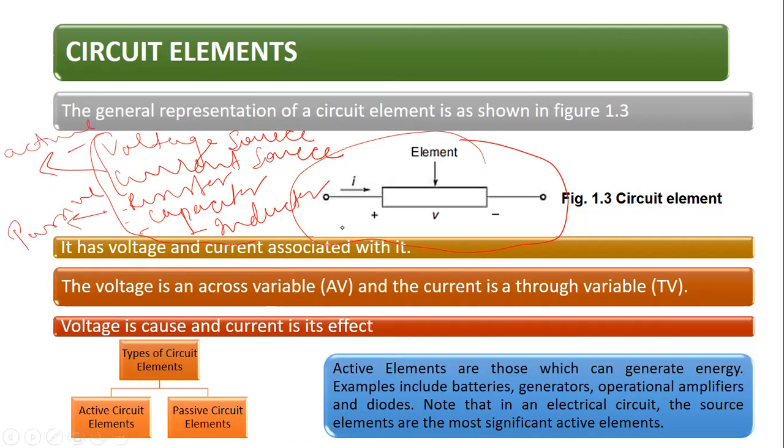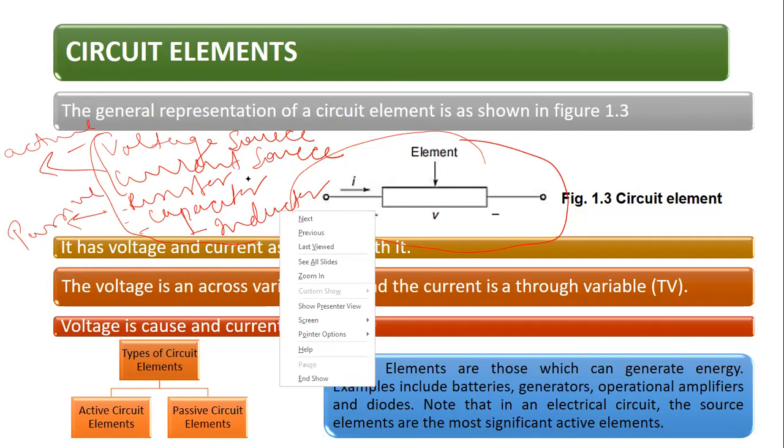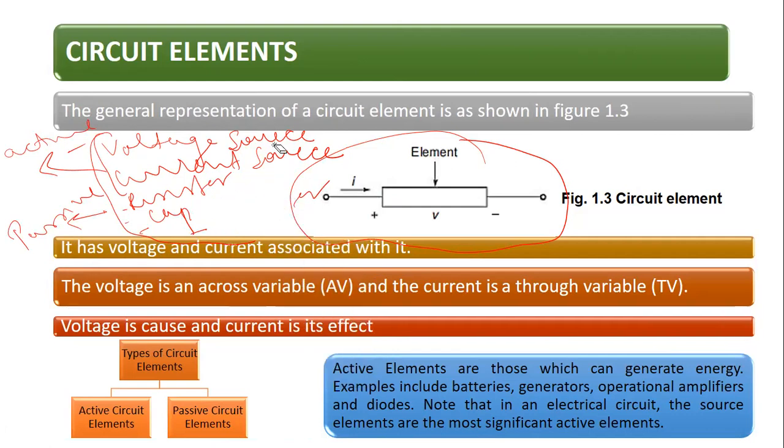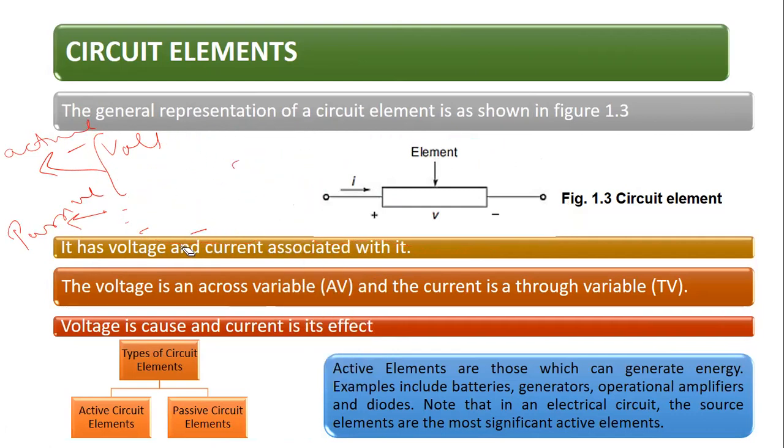So an electric circuit is made up of all these elements: voltage, current, resistor, capacitor, inductor, like that. Now you can see in this particular diagram that current is shown, and a voltage is also shown, with a plus and minus.